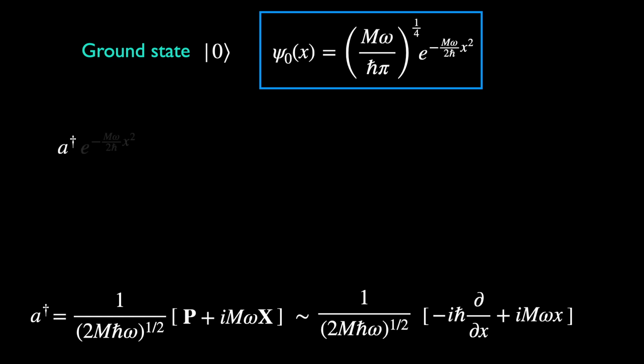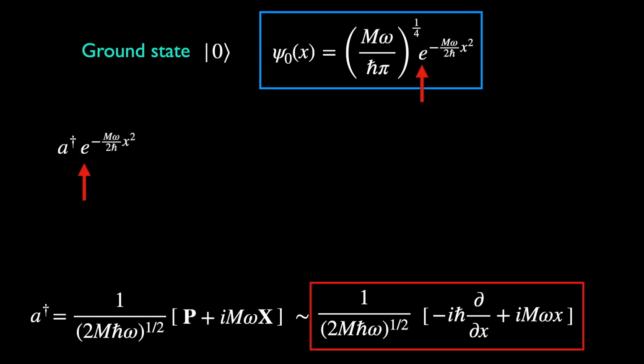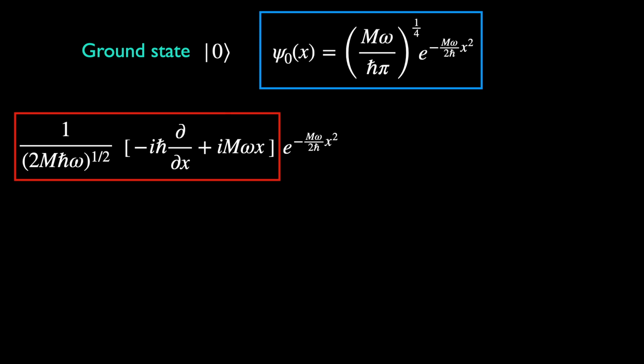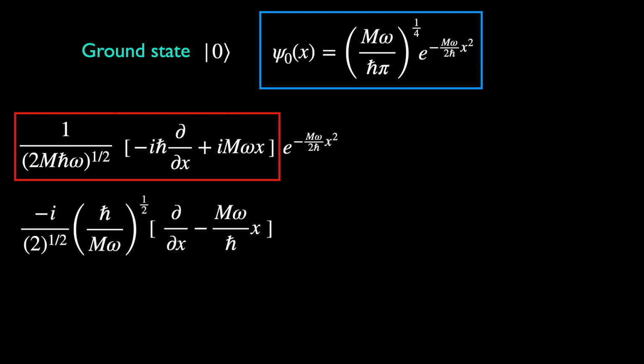Let's first look at the effect of A dagger on the Gaussian wave function. Reorganizing the expression in the red box a little, bringing out minus i h bar from the square brackets.